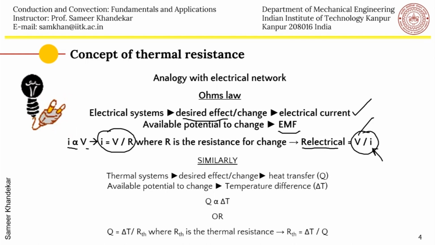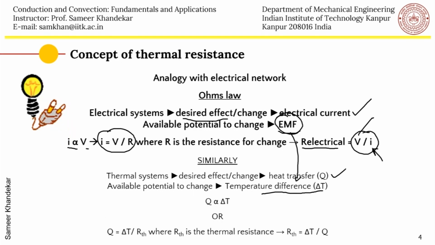Similarly, in thermal systems, we have the desired change as the heat transfer, and the available potential to change is the temperature difference. So if you see the electrical analogy, the potential difference EMF is related to the thermal potential difference, which is the temperature difference in terms of thermal systems.